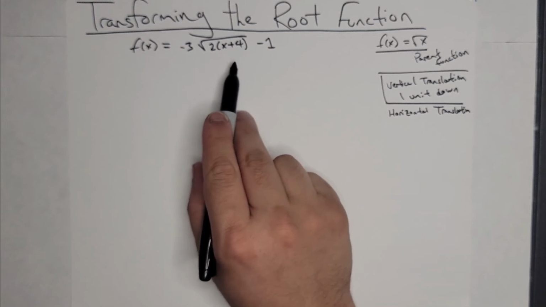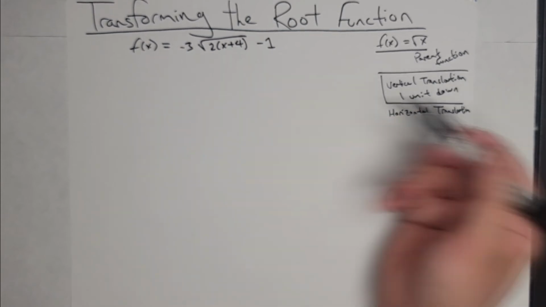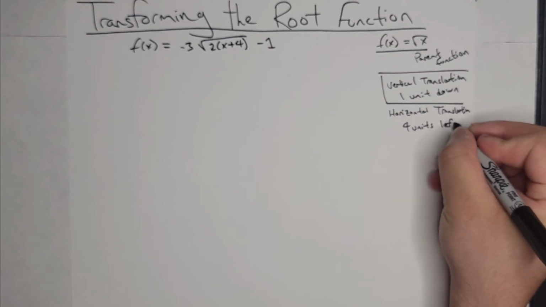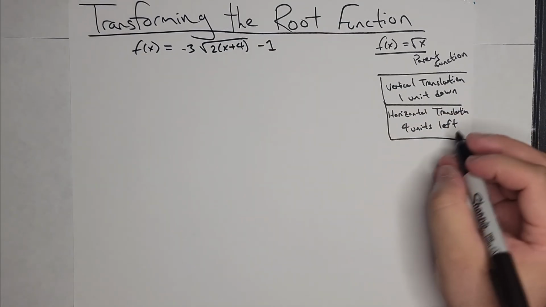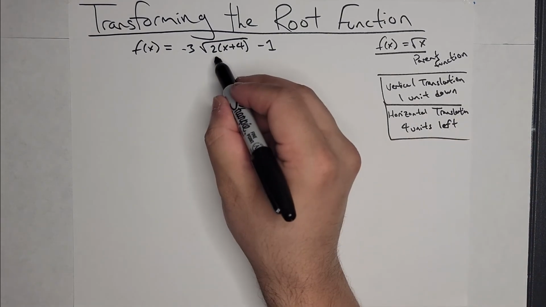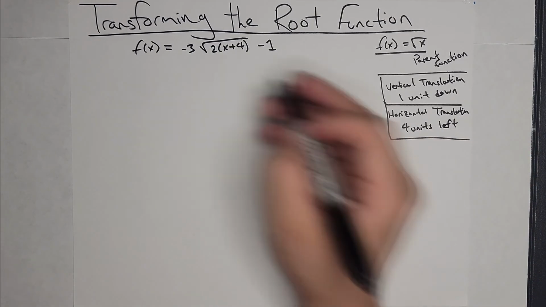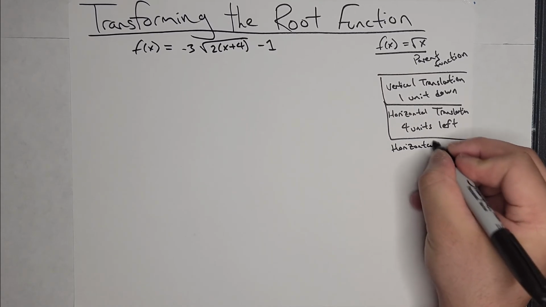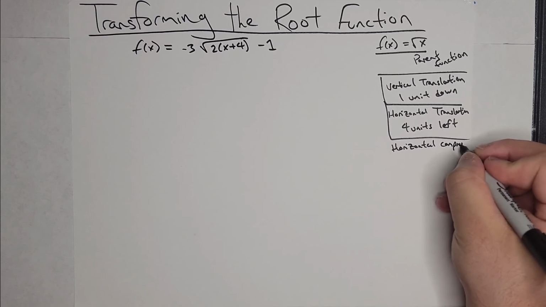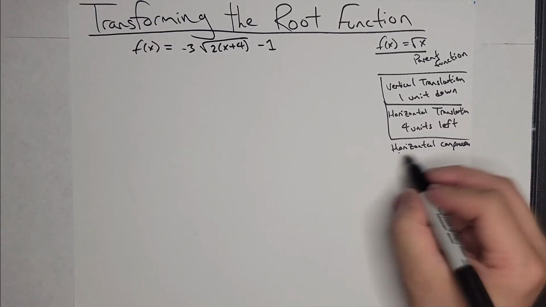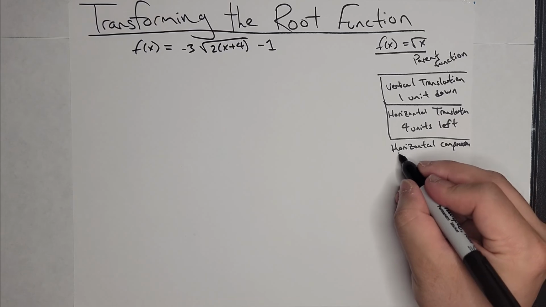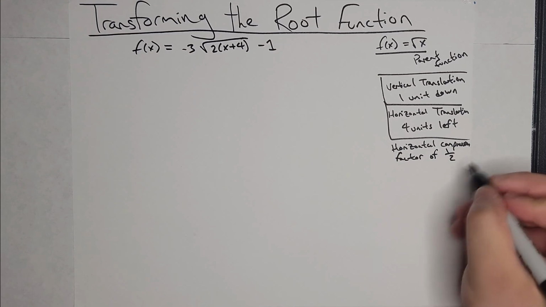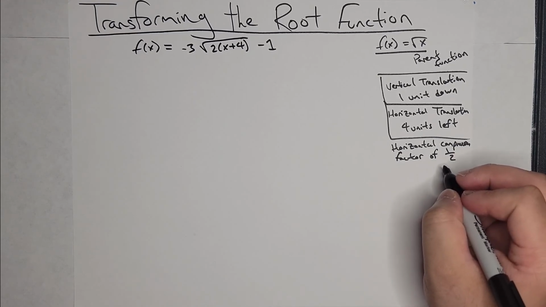And this horizontal translation is going to go 4 units to the left. And then we're going to do our horizontal compression by a factor of, you'll see why that's half in a second.